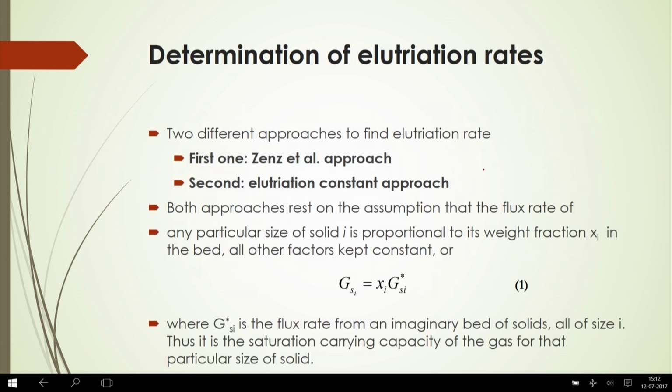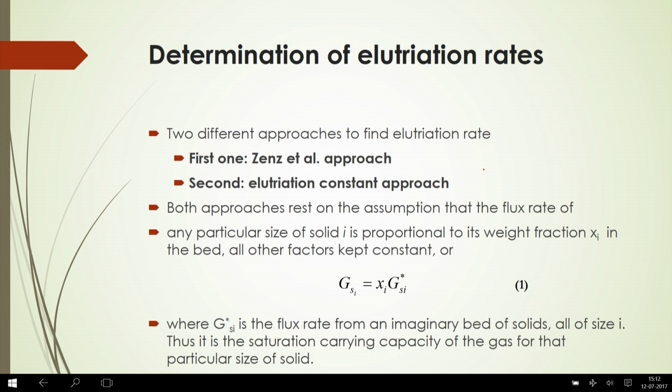Determination of the elutriation rates: you have to know how to estimate the elutriation rate. There are two different approaches to find it. One is the Jens et al. approach, and another is the elutriation constant approach.